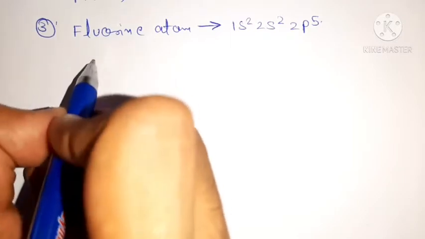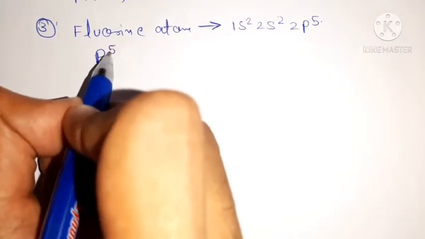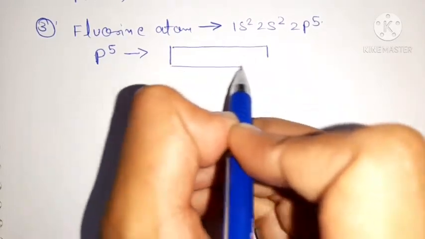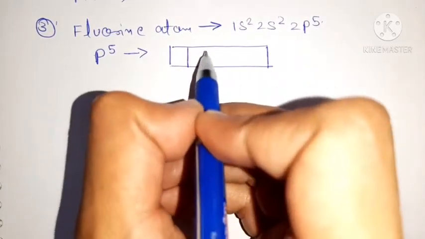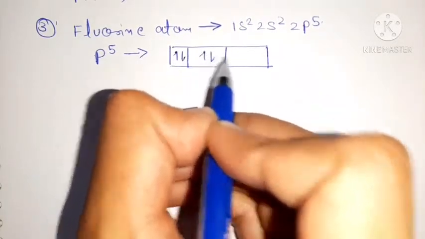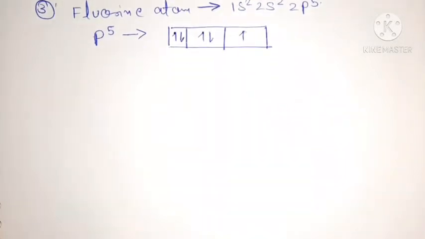Now this p⁵ electronic configuration is of that type: one, two, three, 4 and 5. This is a p⁵ electronic configuration.